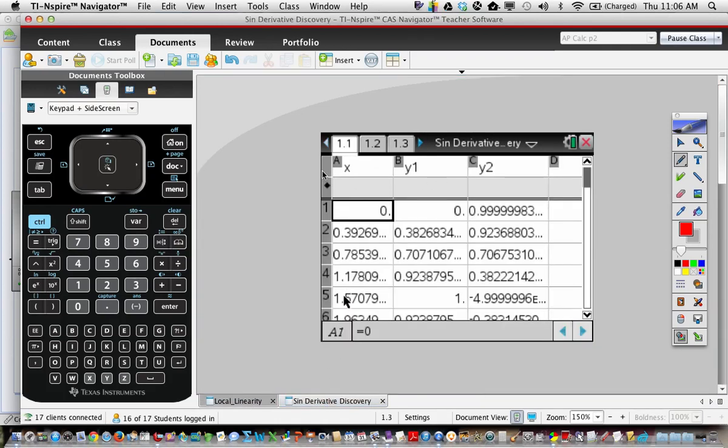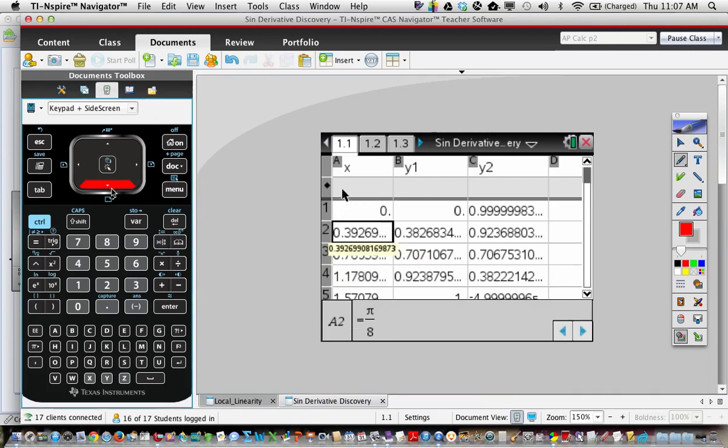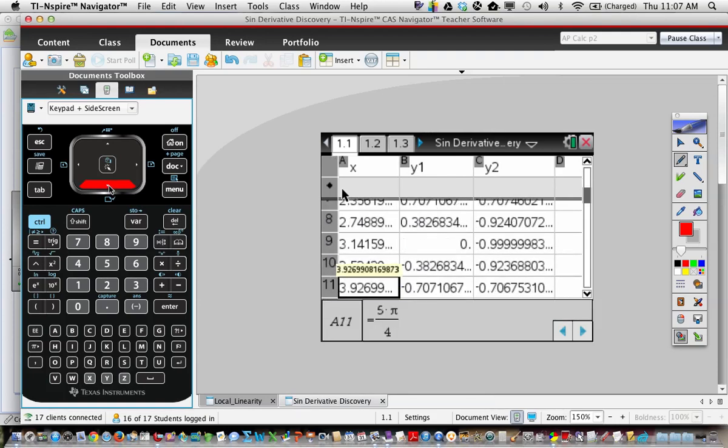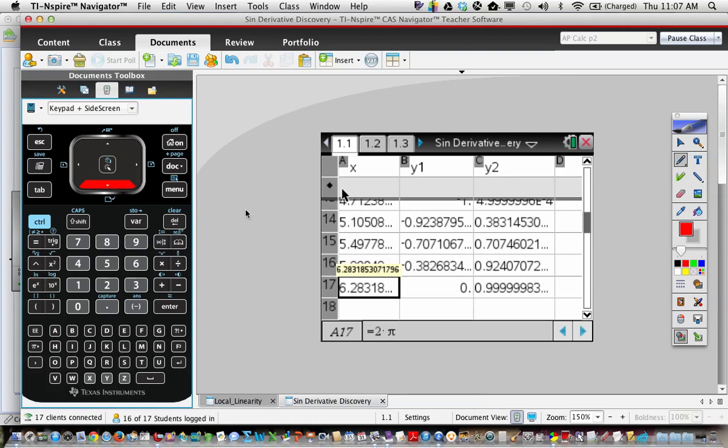All right, so we're going to do our first slope calculation right now. What I have here, on my calculator, is a spreadsheet. If you look at this x column, I put in 0, pi eighths, pi fourths, 3 pi eighths, pi halves, and went all the way to 2 pi, by pi eighths increments.